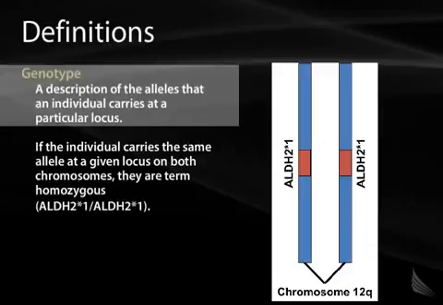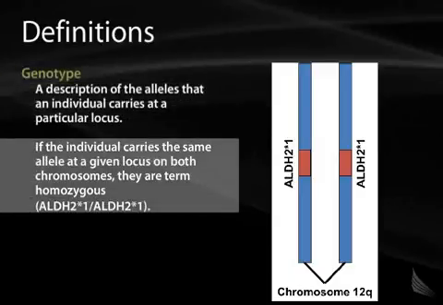A genotype is a description of the alleles that an individual carries at a particular locus. Using our aldehyde dehydrogenase gene again for an example, if the individual carries the same allele at a given locus on both chromosomes, then we call them homozygous. So here we see chromosome 12, the Q arm, which is where the location of aldehyde dehydrogenase is, and this particular individual has ALDH2-1 on both chromosomes.